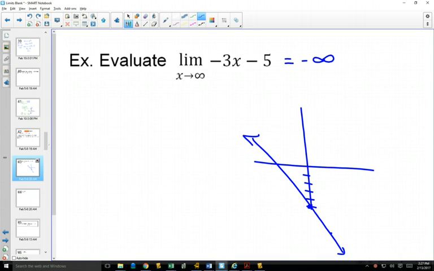And so what this question is saying with the limit as x goes to infinity, as your x values go that way, bigger and bigger and bigger, what's happening to your y values? Well, they just keep going down further and further and further. And so we would say that as this gets really, really big, your y values are going to become really, really big negative numbers. So we write it as negative infinity.